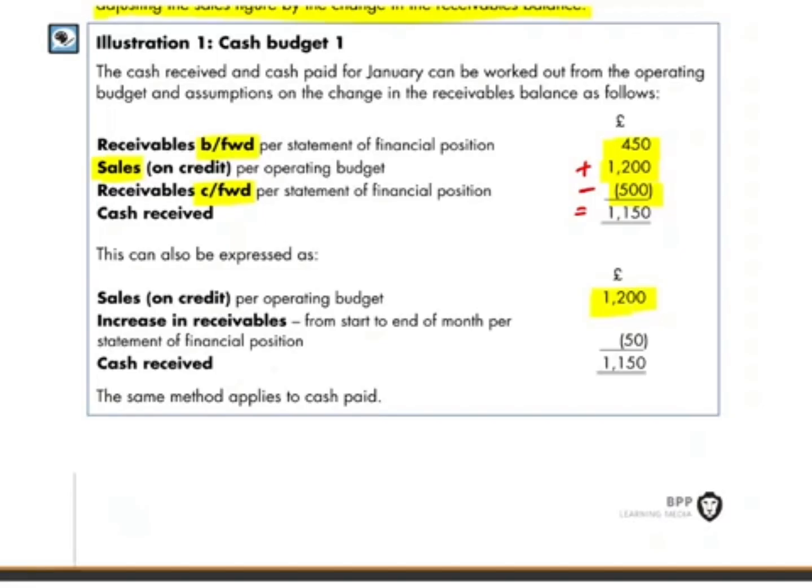Now, because the receivables have gone up during the period, it means that we would have received into the business £50 less than is recorded on the operating budget. So if we subtract that £50 from the £1,200, we end up receiving £1,150 as cash from sales.